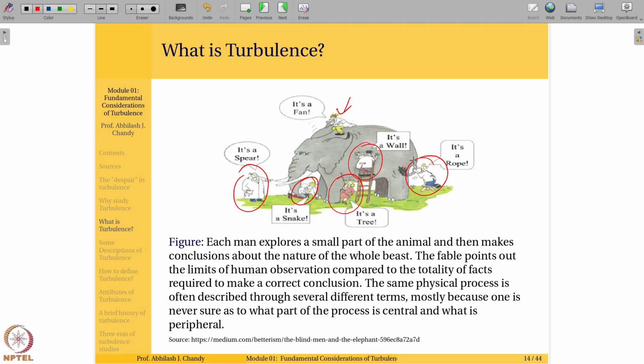The second aspect is related to the actual structures of an elephant and how they are similar to what you actually see in turbulence. It could be like a fan, it could be like a rope, okay? A long rope, a short rope, a tree-like structure, very large structure, very small structure like the rope, a very flat structure like the fan, or like the ear of an elephant. That is the second aspect of this picture.